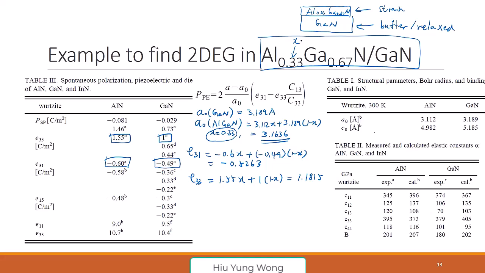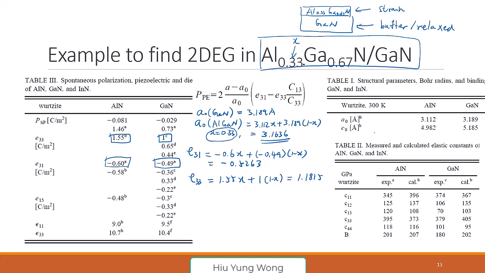It's the aluminum nitride value times x, plus the gallium nitride value times 1 minus x, and you do linear interpolation.